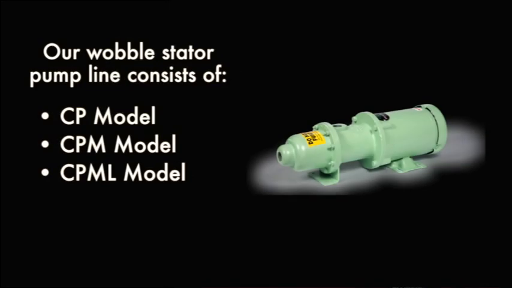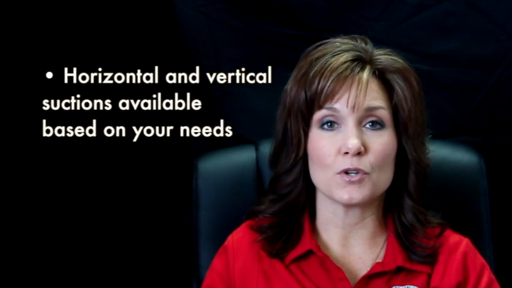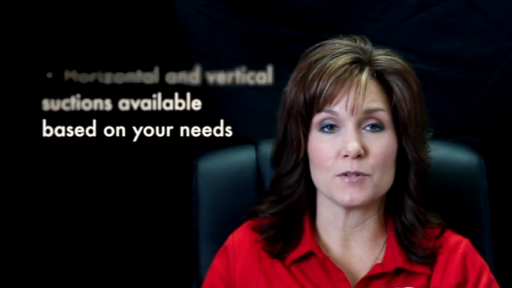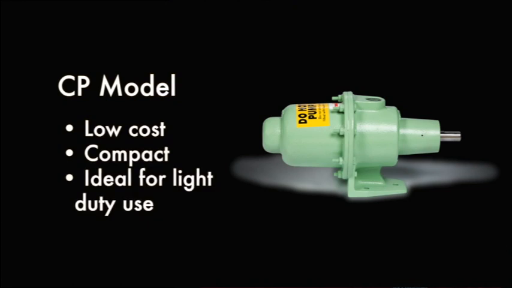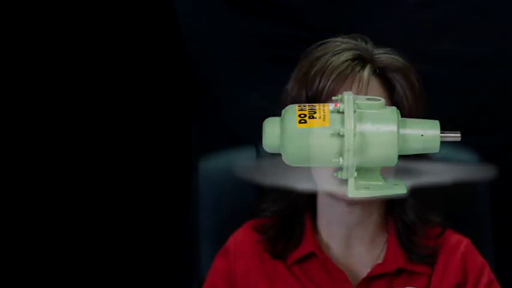Our wobble stator pump line consists of our CP, CPM, and CPML models. These models are available with horizontal or vertical suctions based on your piping or space limitations. The CP model, also known as the bare shaft pump, operates with low costs and is compact, making it ideal for light-duty use.